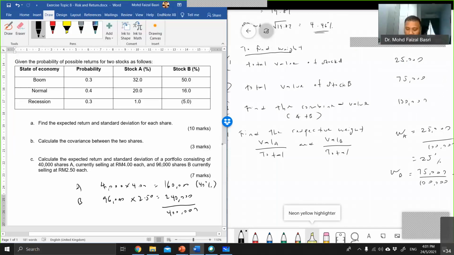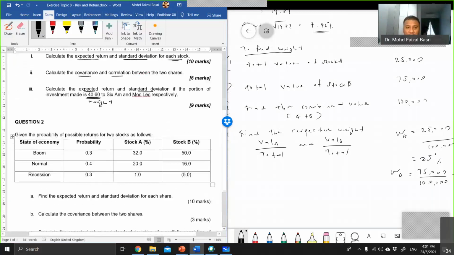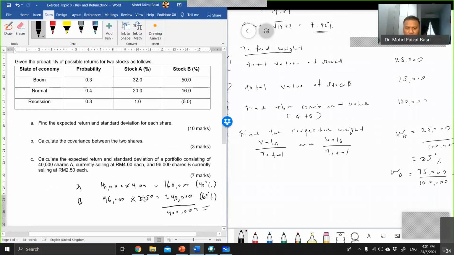The other one, just to confirm, 240 divided by 400, so it'll be 60% here. So that's how you find the weights if they don't give you the weight individually like this. Instead, we need to calculate like this in order to find the values.